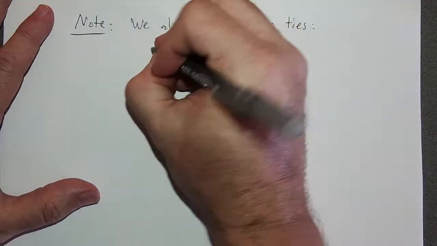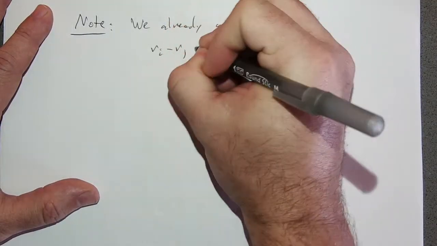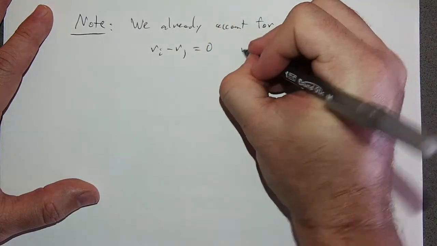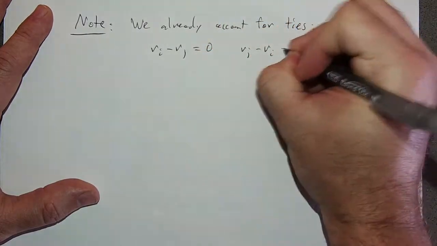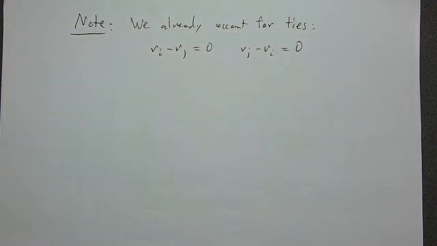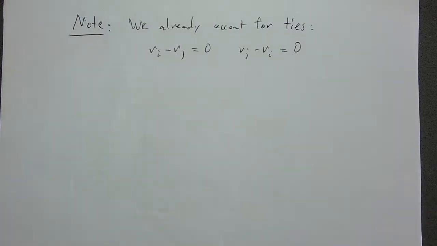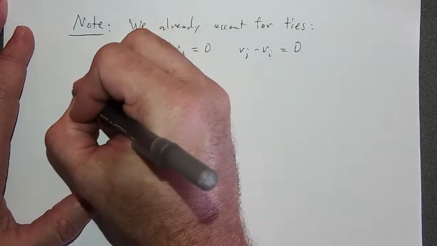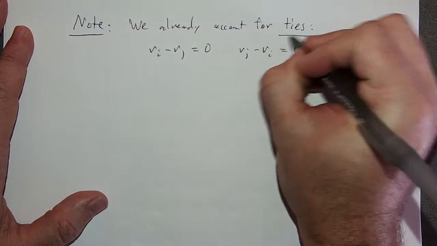We account for ties as this or this, doesn't matter. Winning by 0 points is being a draw or a tie. So ties are taken into account.